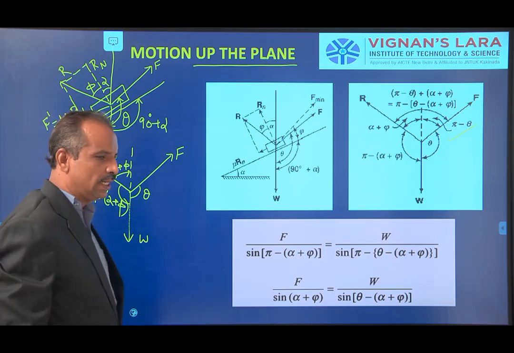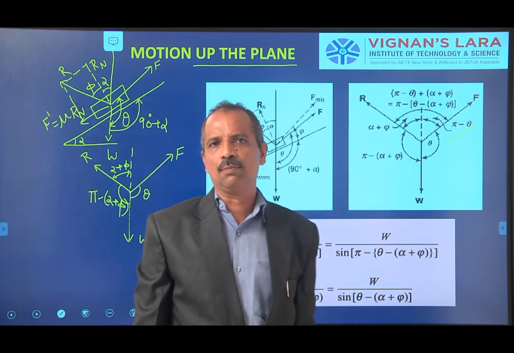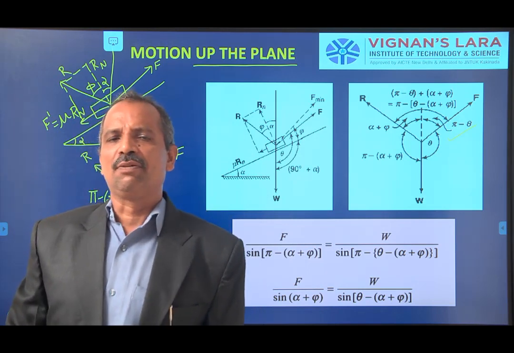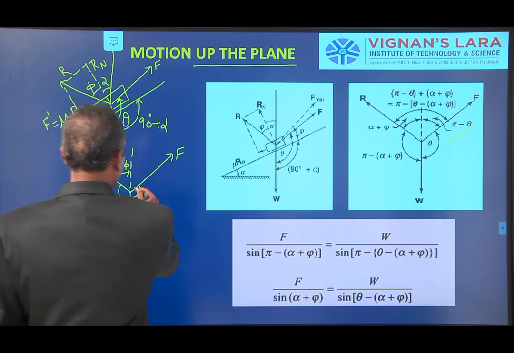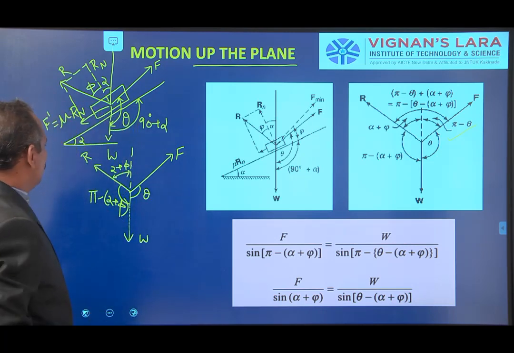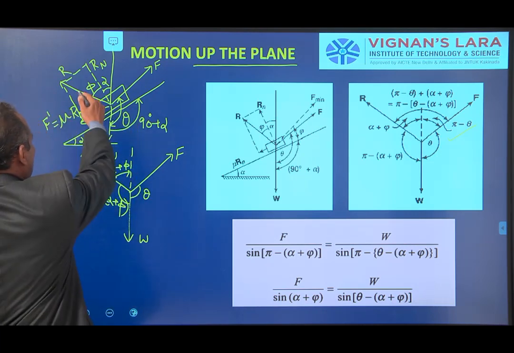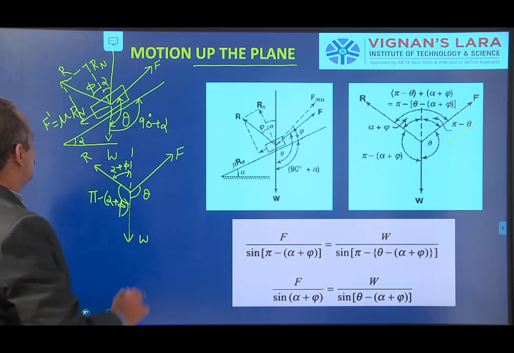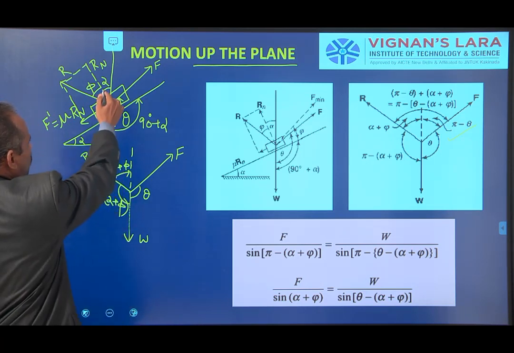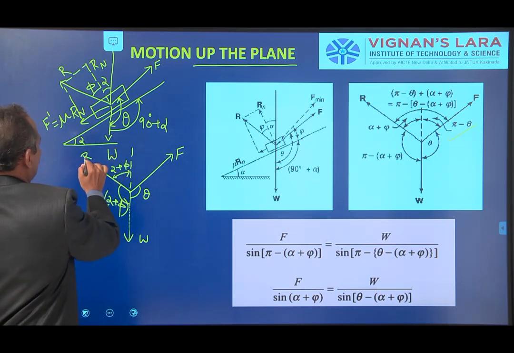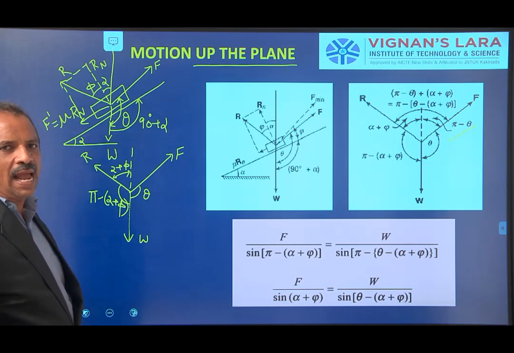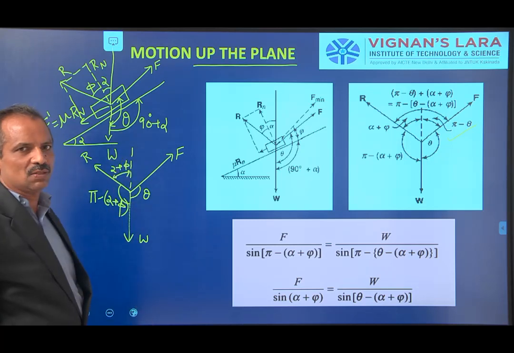We defined an angle theta, which is nothing but the angle between the self weight and the applied force. The resultant makes an angle phi with the normal, and from the geometry this is alpha. Then this R, which makes an angle with the vertical, becomes alpha plus phi.